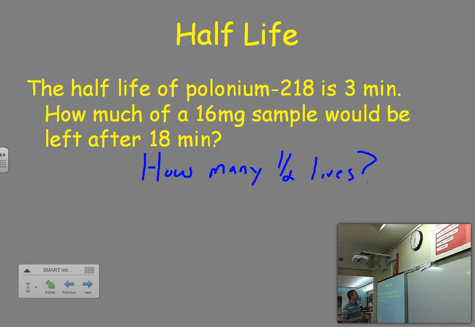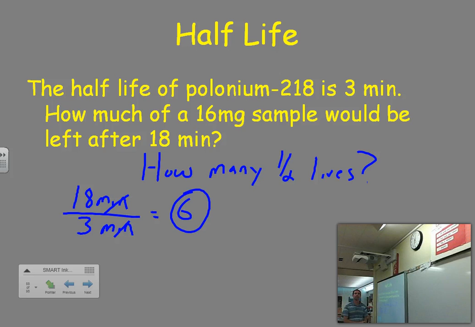How much of a 16 milligram sample would be left after 18 minutes? So I know 18 minutes have gone by and each half-life is 3 minutes. So in other words, if I take 18 minutes, the total time, and divide it by the time of one half-life, 3 minutes, that would cancel, and that would give me a total of 6 half-lives that have taken place.